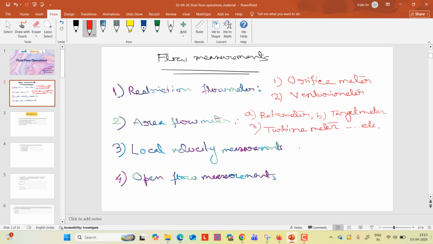In local velocity measurements, one example, which is very important, is the pitot tube. And in open flow measurements, there are rectangular weirs and notches, and the second one will be triangular weirs and notches.